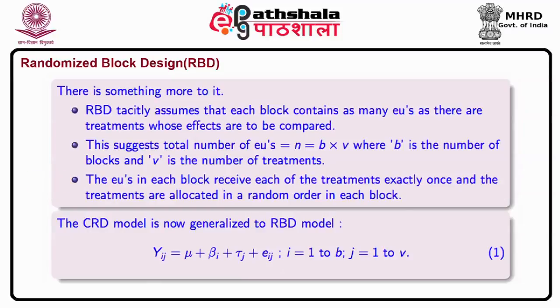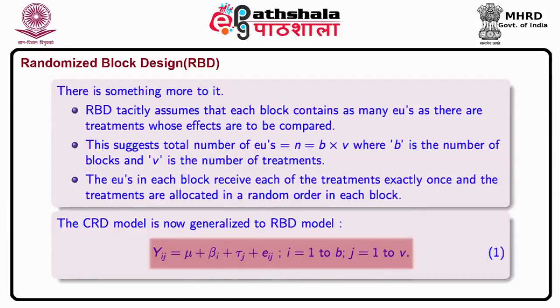The CRD model is now generalized to an RBD model where we bring the block effect into the picture. So now Y_ij refers to the output arising out of the block i and treatment j combination. So the model is Y_ij equal to mu plus beta_i plus tau_j plus e_ij. Y_ij is the output received by a combination of the ith block and jth treatment.